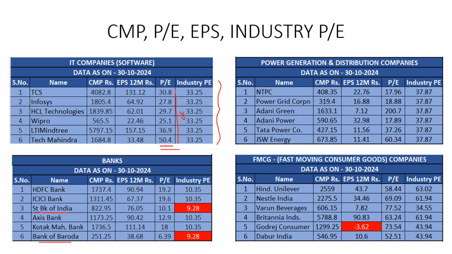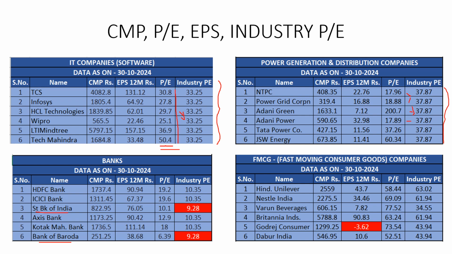Similarly, even in power distribution, the industry average is, let's say, about 38 PE, price to earnings, and you can tell by looking at it the companies which are trading lower than the industry average versus the companies that are trading way above the industry average. So this gives you a kind of, I'm not telling you this is the only way to find undervalued or overvalued companies. This is one of the parameters that investors use.